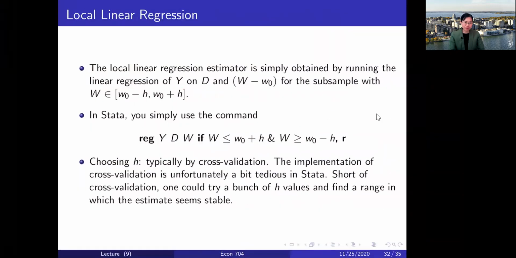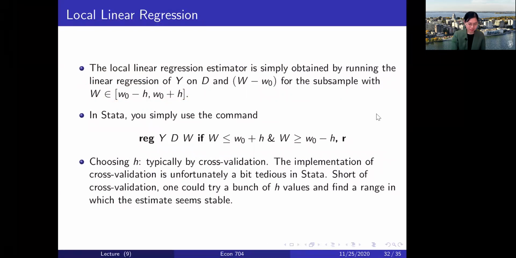And once we focus on this small interval, we can run a local linear regression, which is basically an OLS regression using data that satisfies this restriction, using only the data points with W that is in this little interval.